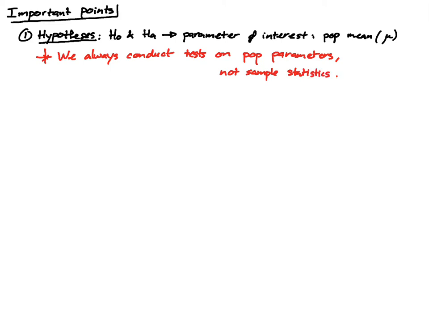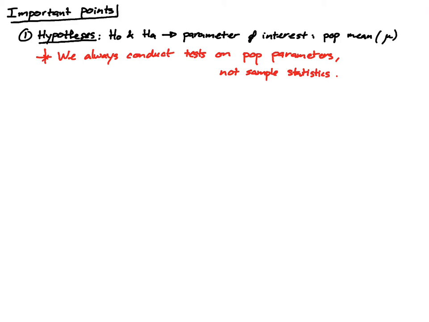Now, if you think about this statement, it makes perfect sense, right? Because given the sample, you know what the sample statistics are. You know their values. For example, you know the sample mean. So if somebody makes a statement about the sample mean, you can tell whether that statement is correct or not.